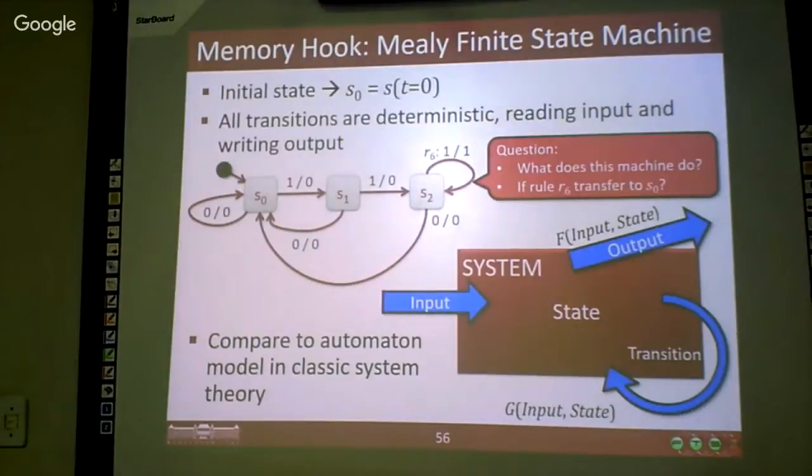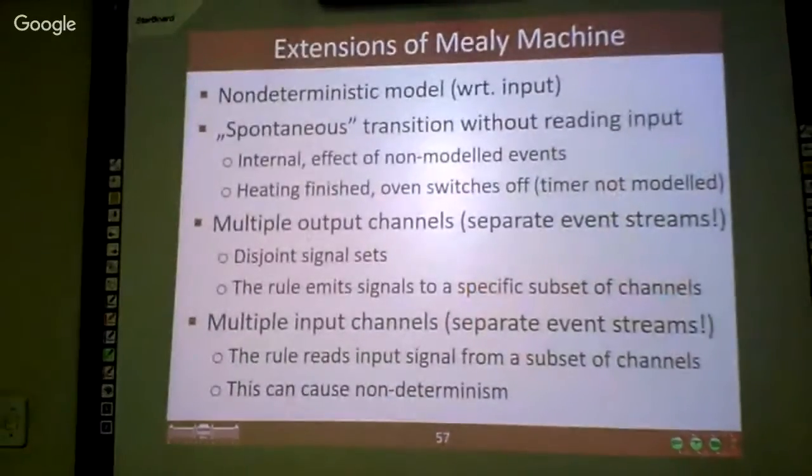And while receiving inputs and producing outputs, we change the state of the system. So what we need is some extensions of the Mealy machine, so we can actually model non-deterministic behavior.